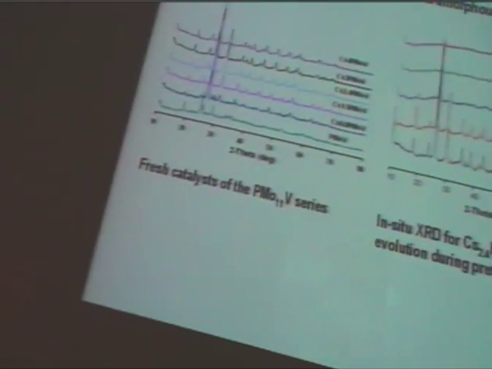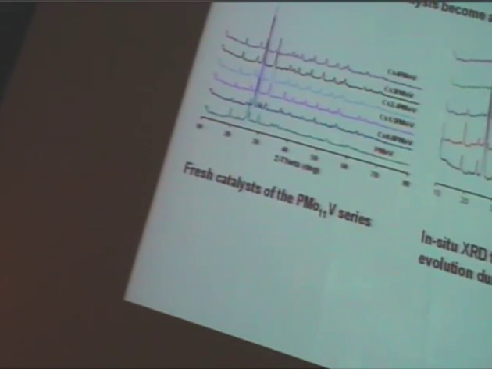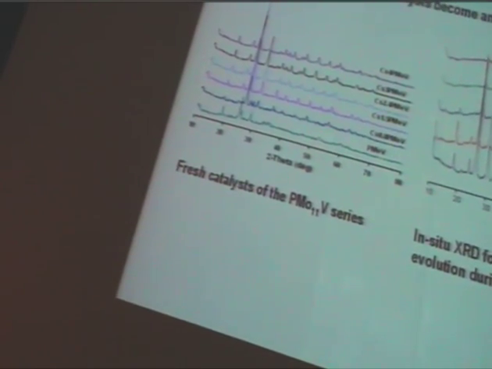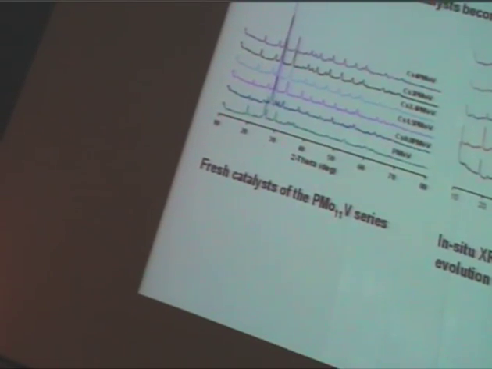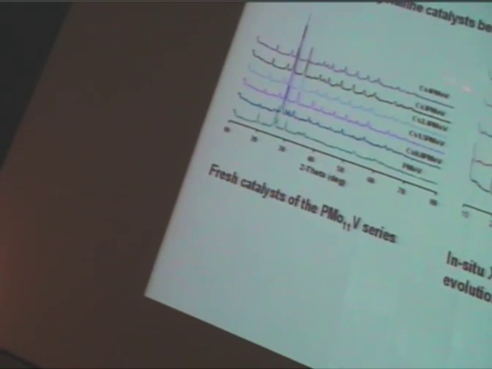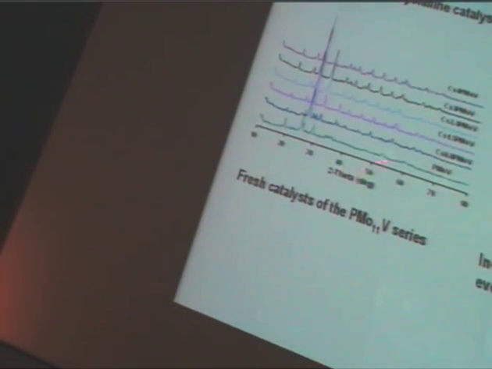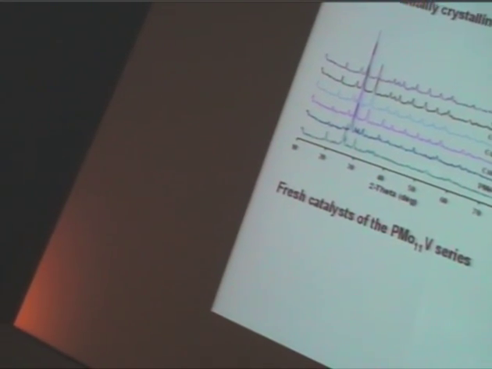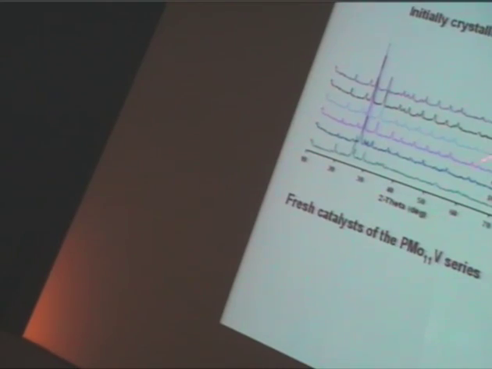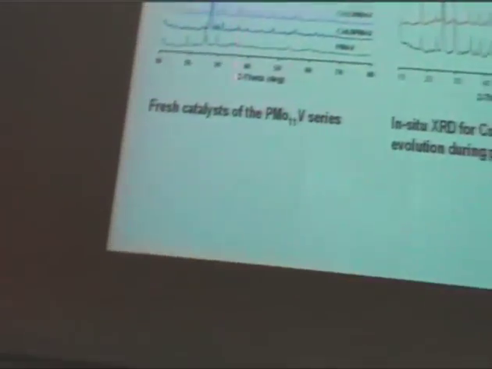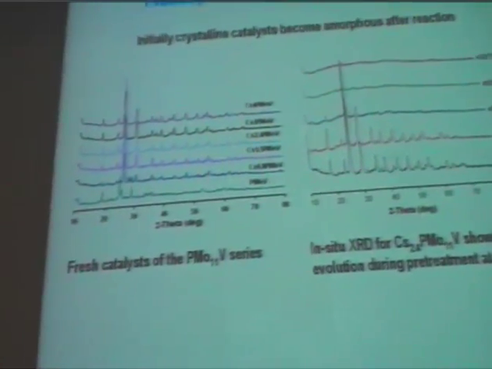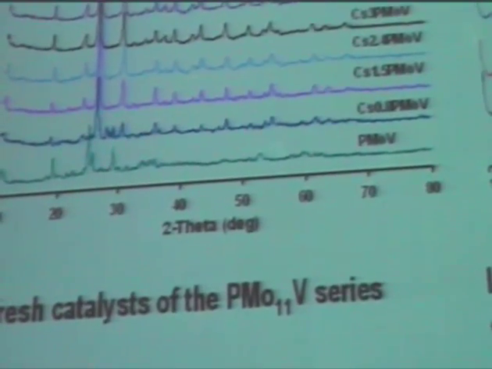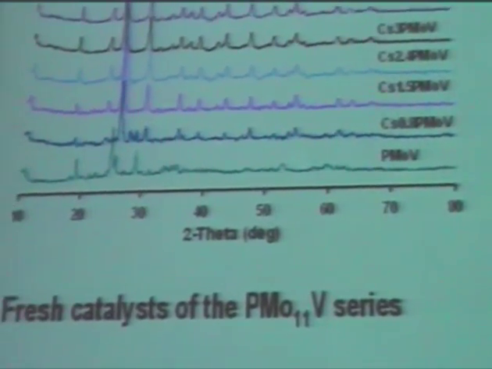We characterized our catalyst both fresh and spent, and here you can see our X-ray diffraction data. All fresh catalysts are crystalline substances. However, after reaction, they all lose crystallinity. And actually, the crystallinity is lost already after catalyst pretreatment.